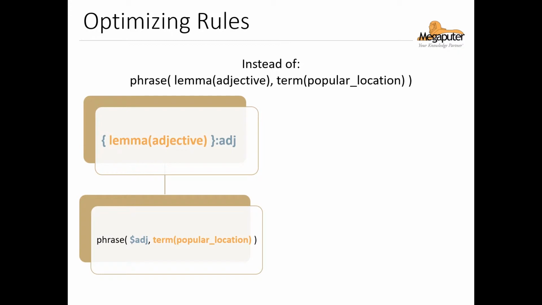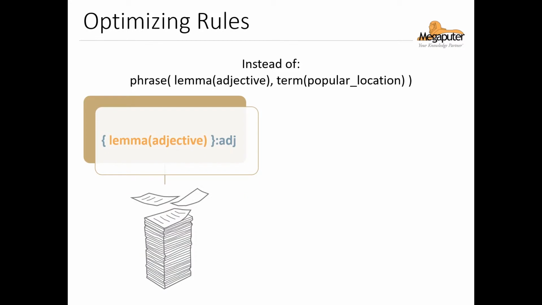Now, does anyone see what's wrong with this setup? The problem with this hierarchy of rules is that almost every document has an adjective, so it doesn't really filter out anything. We might as well have just put the phrase at the top level. So, what's one simple thing we can do instead?